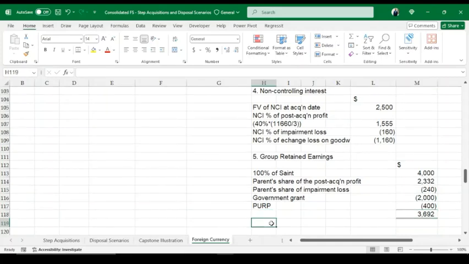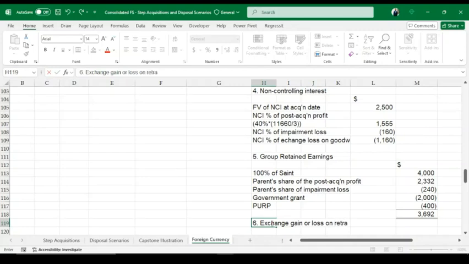All right, now let's go to working 6. Working 6 is going to be the translation of our exchange gain or loss on retranslation of net assets.